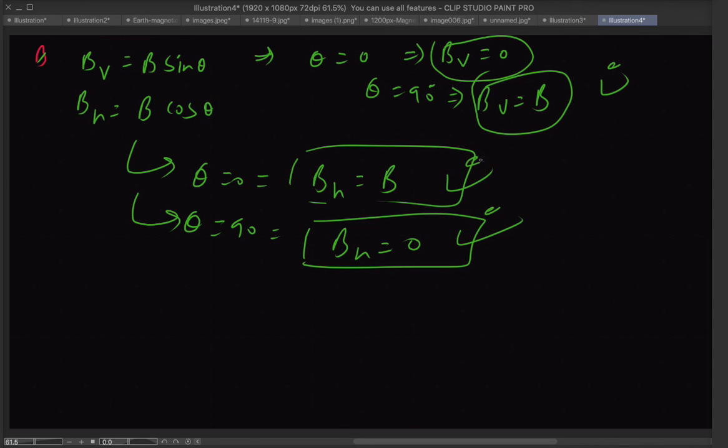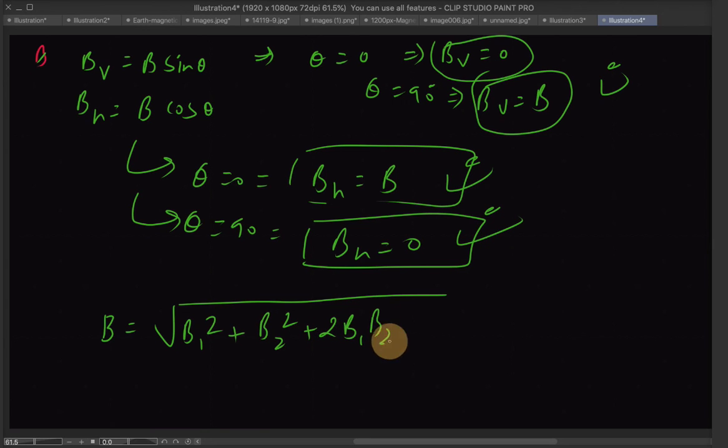So in 11th science you may have also learned about the values of gravity at the poles and equatorial lines, and at the same time whenever we are putting any satellite into orbit, these are the components which are very useful to us. One more thing you may want to find is the magnetic field. You can also use this notation: B squared equals B1 squared plus B2 squared plus twice B1 B2 cos theta.